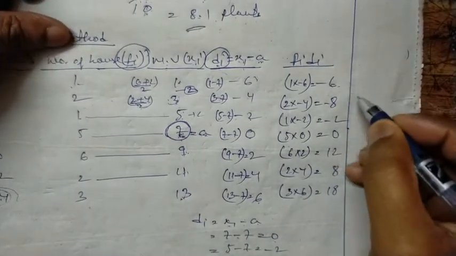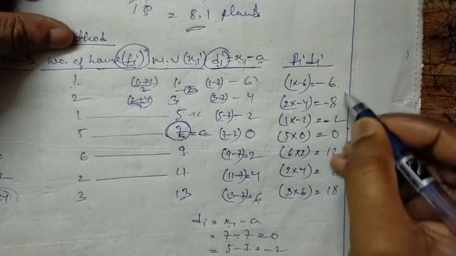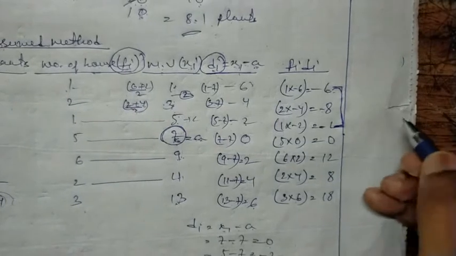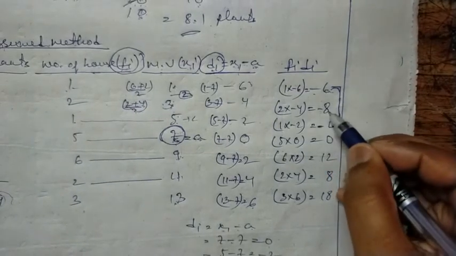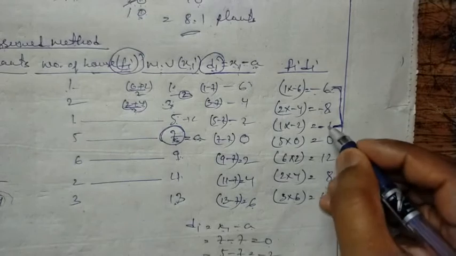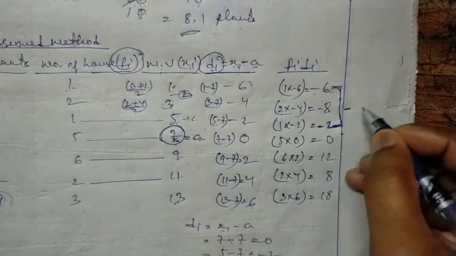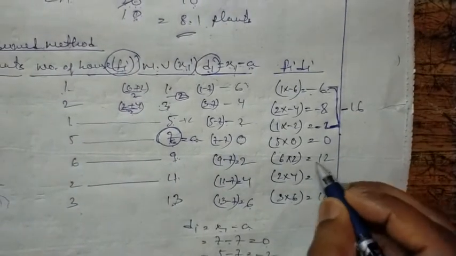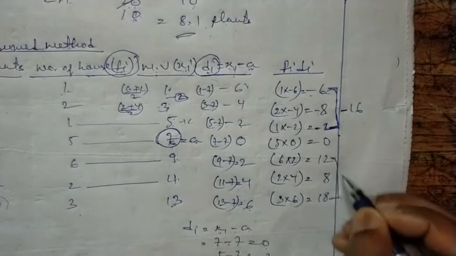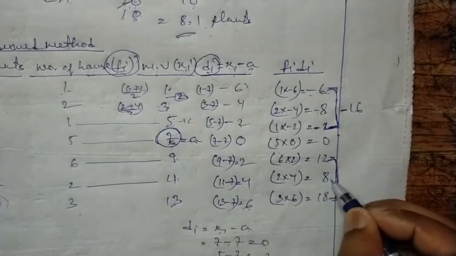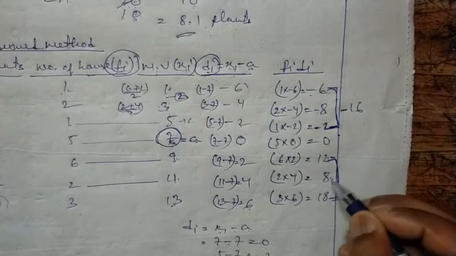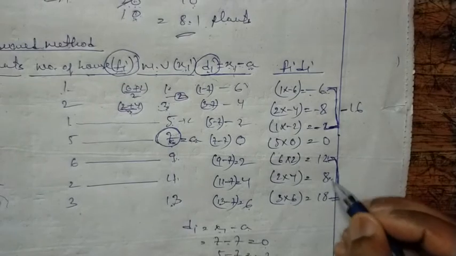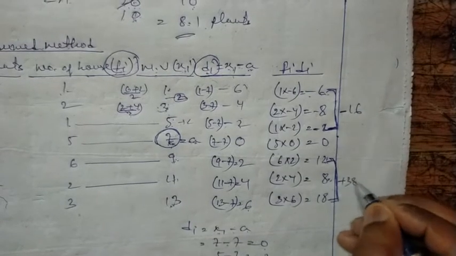Okay, what do you have to do now? This is the minus 6, minus 8, minus 2. You have to add all these numbers. After adding, what will we get? Minus 6 minus 8 is minus 14, and minus 2, it will be what? Minus 16. Okay, here these numbers, if you add them, 12 plus 8 is what? 20. 20 plus 18, what will you get here? 38.